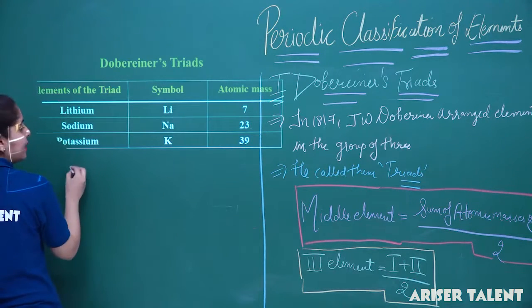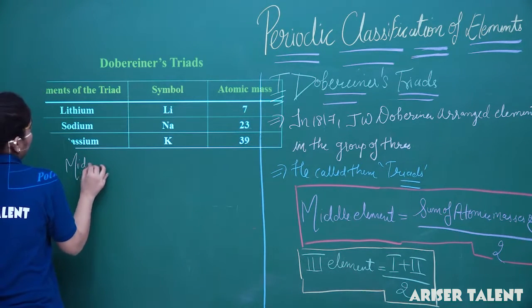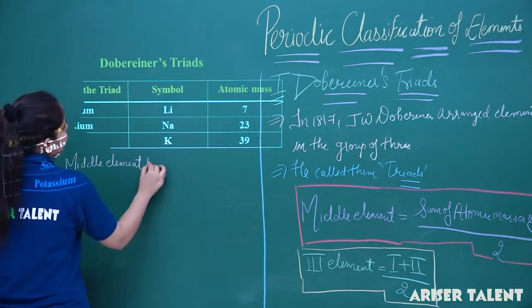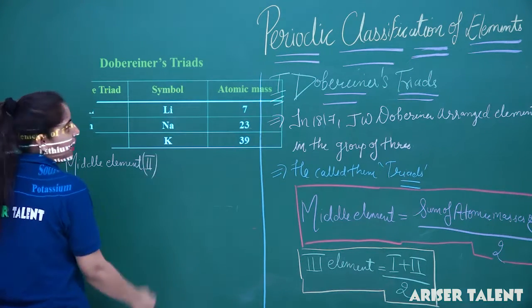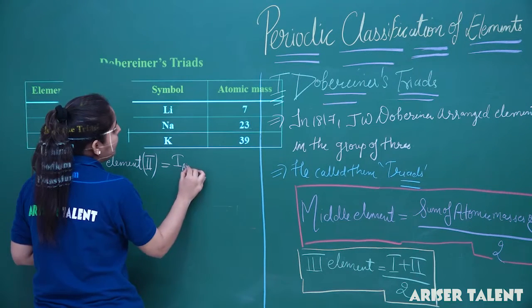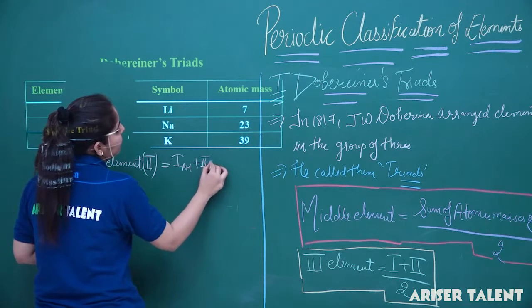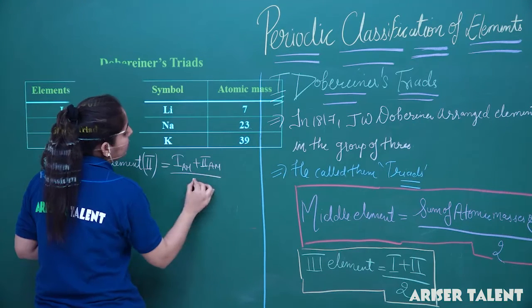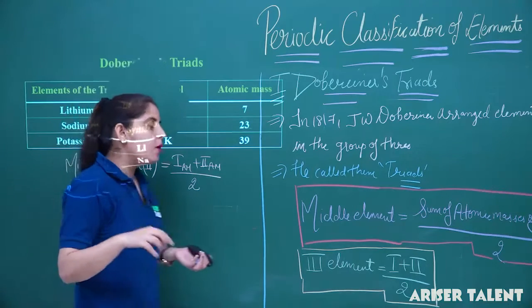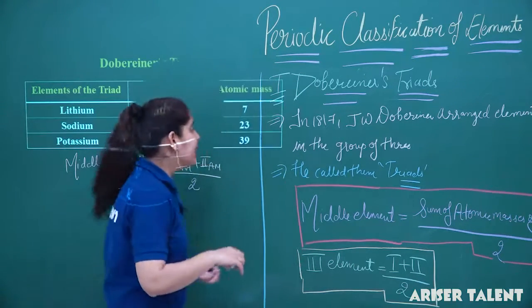So we can say that here the middle element, that is the second element, will be the first element atomic mass plus the third element atomic mass divided by 2. It means this is the arithmetic mean of the first and third elements.